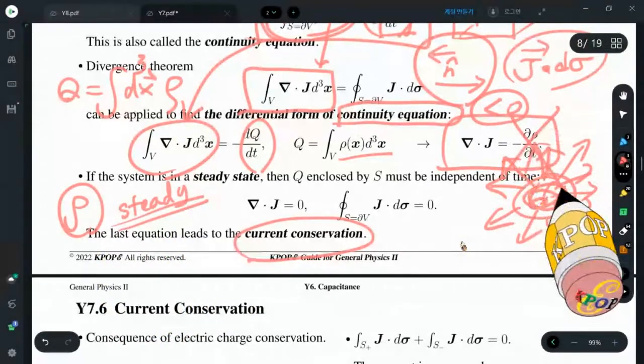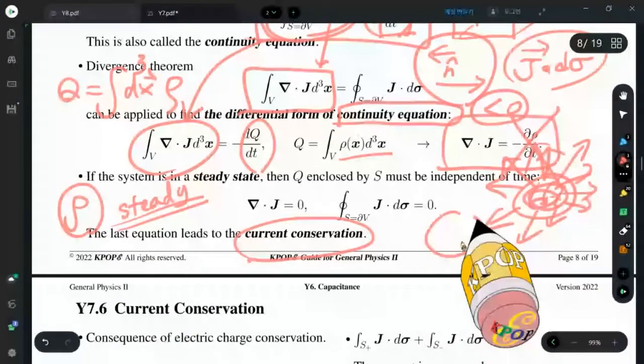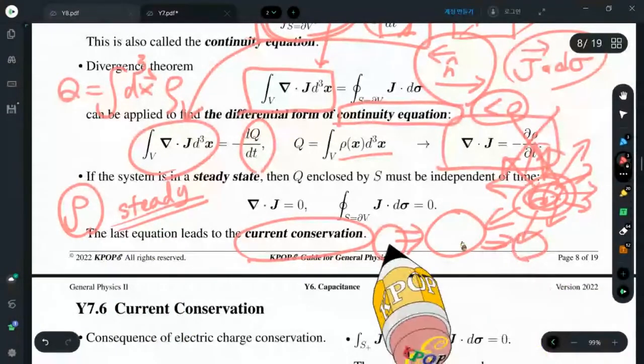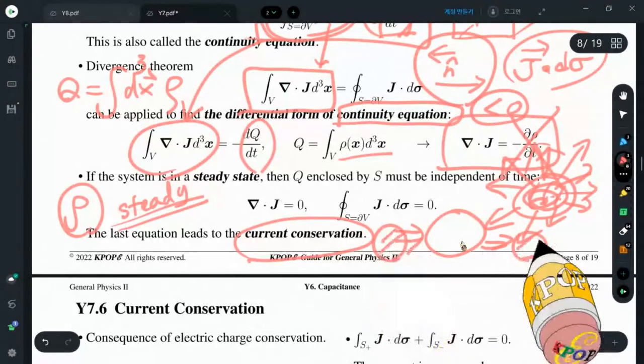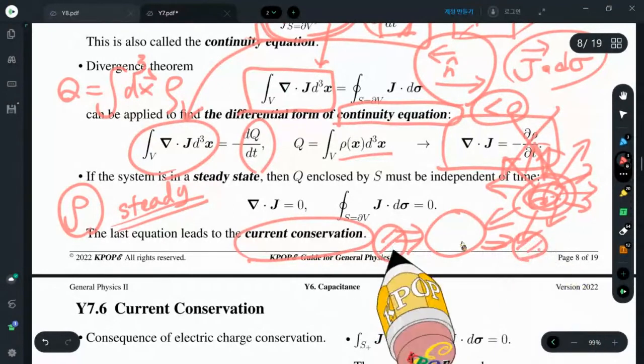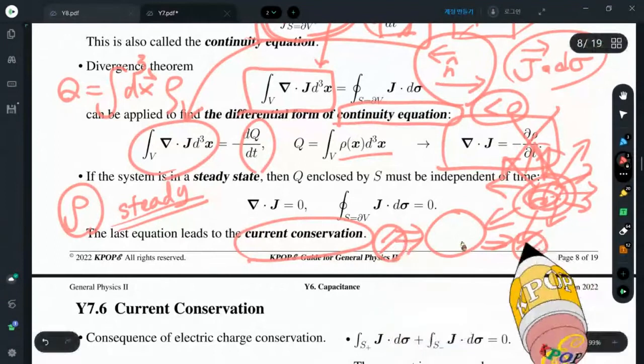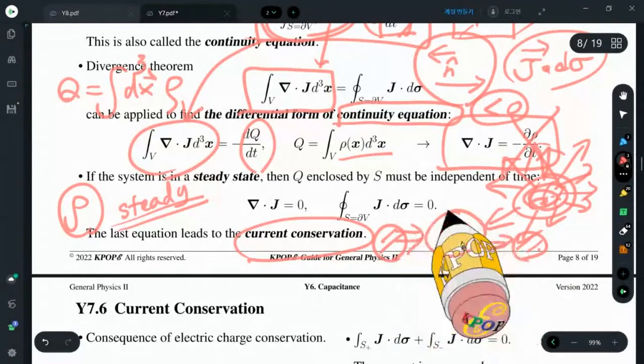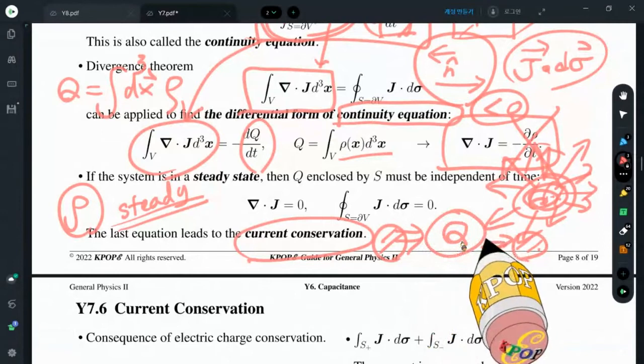In that case, this term disappears. In that case, flow in and flow out, the amounts are the same but in opposite directions, so they cancel. So the amount of charge contained inside the container is always the same.